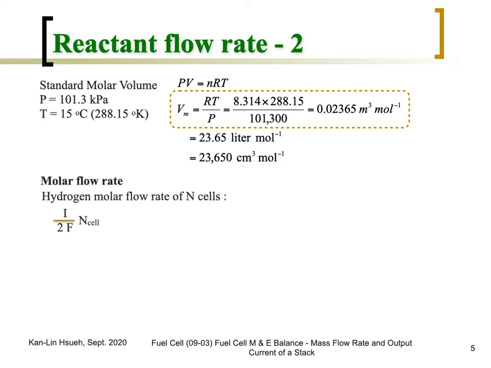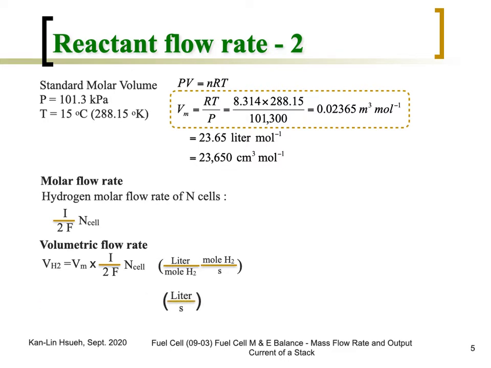So from previous slide, we know how to calculate the molar flow rate from the output stack current. Then over here we know the molar volume for hydrogen, so we are able to calculate the volumetric flow rate of the hydrogen by simply times the Vn times the molar flow rate. So over here you end with liter per second, the unit.